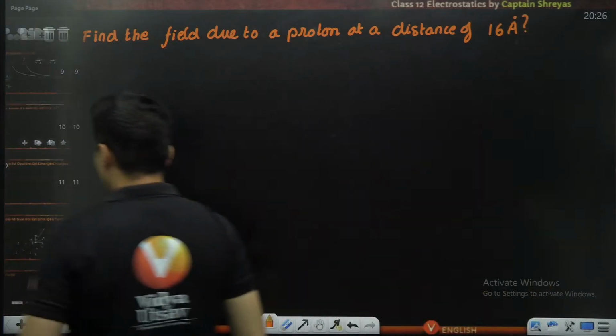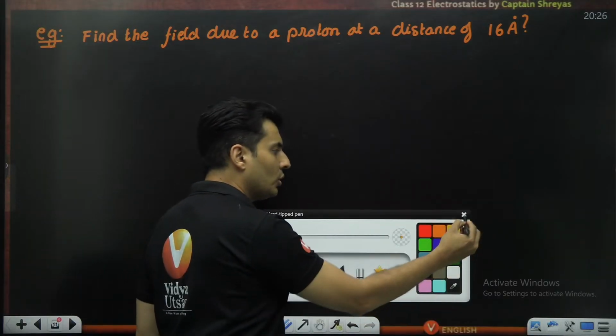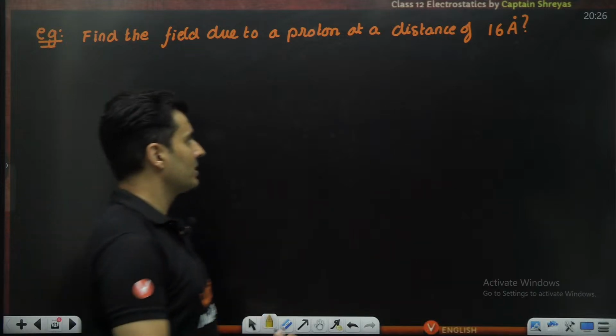That is the question. Let's try to solve this, guys. Find the electric field due to a proton at a distance of 16 angstrom.